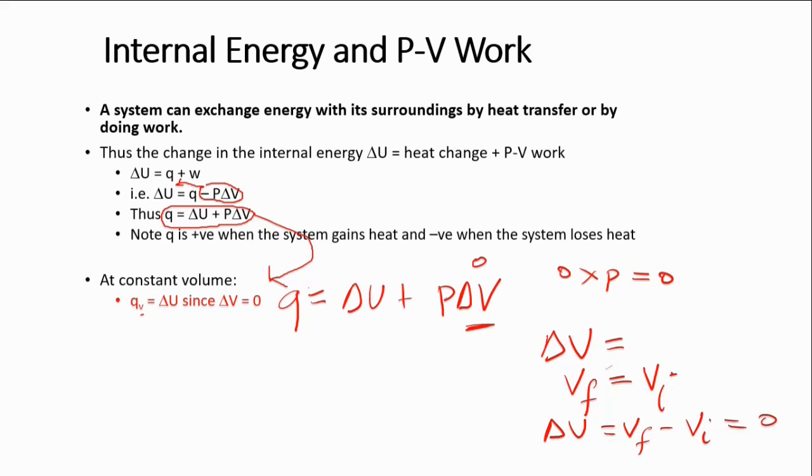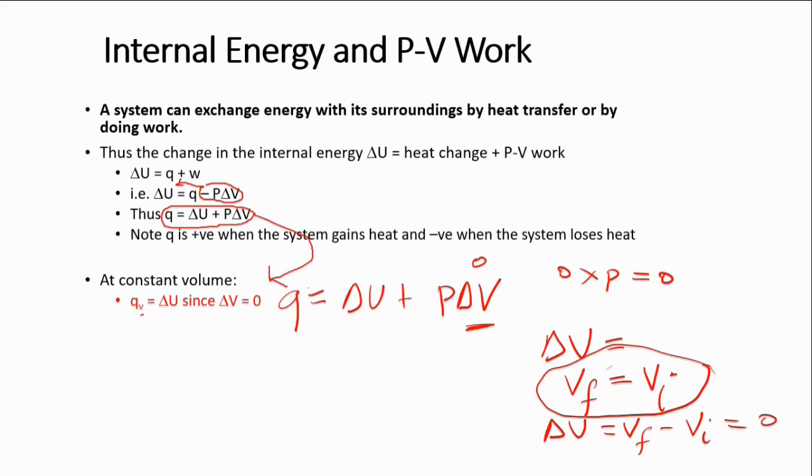What this is saying is that the volume is constant. If the volume of a system is not changing, it means that its final volume is equal to its initial volume. If you measure the volume of the system at 8 o'clock in the morning and call that the initial volume, and go back and measure the volume at 12 o'clock in the day, the volume will be the same.